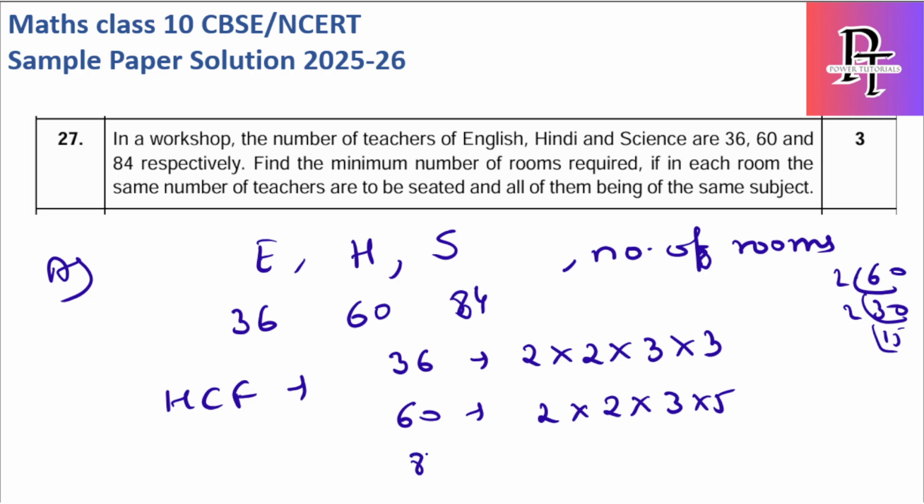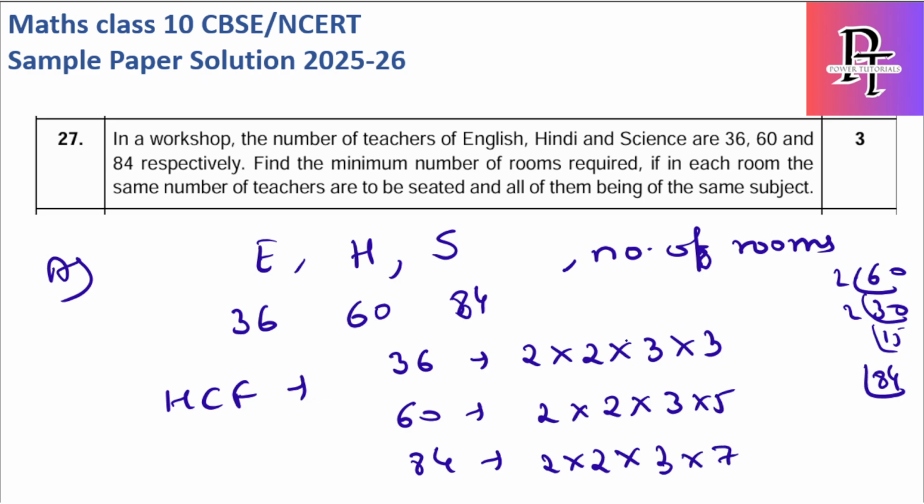Same way for 84, it is 2 into 2 into 3 into 7, since 12 7s are 84.